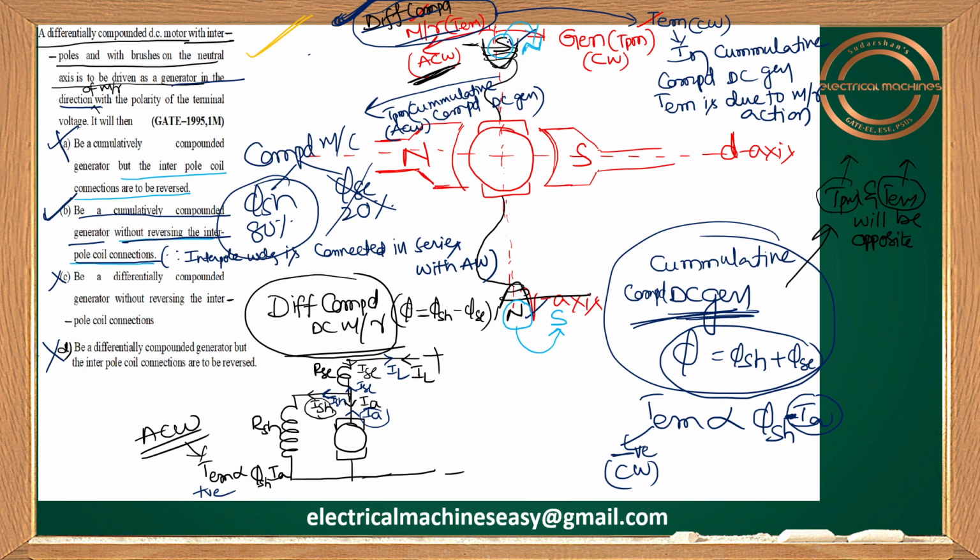So your poles will change automatically. South is changed to north, north is changed to south. So obviously option B is correct, option A is not correct. Be careful. This question was asked in GATE 1995 for 1 mark.